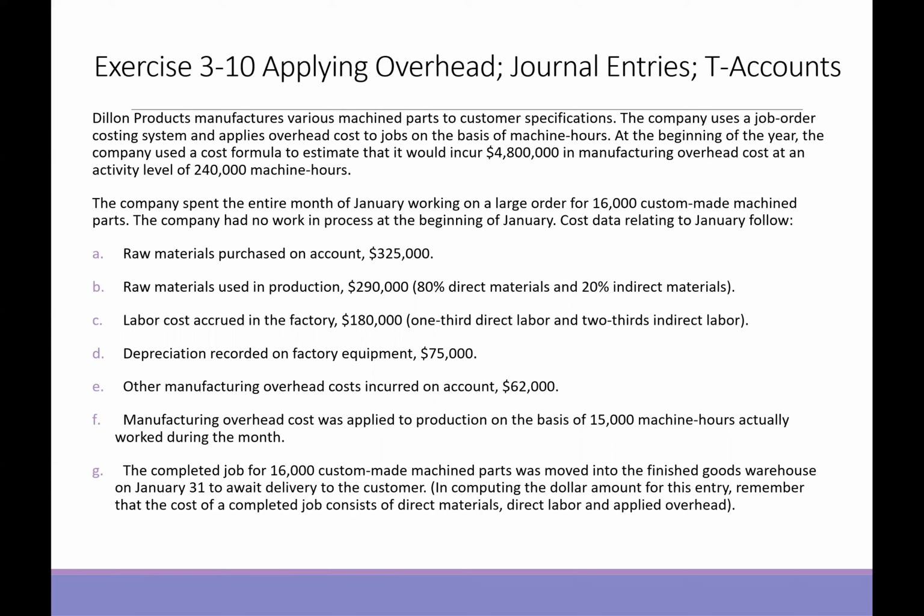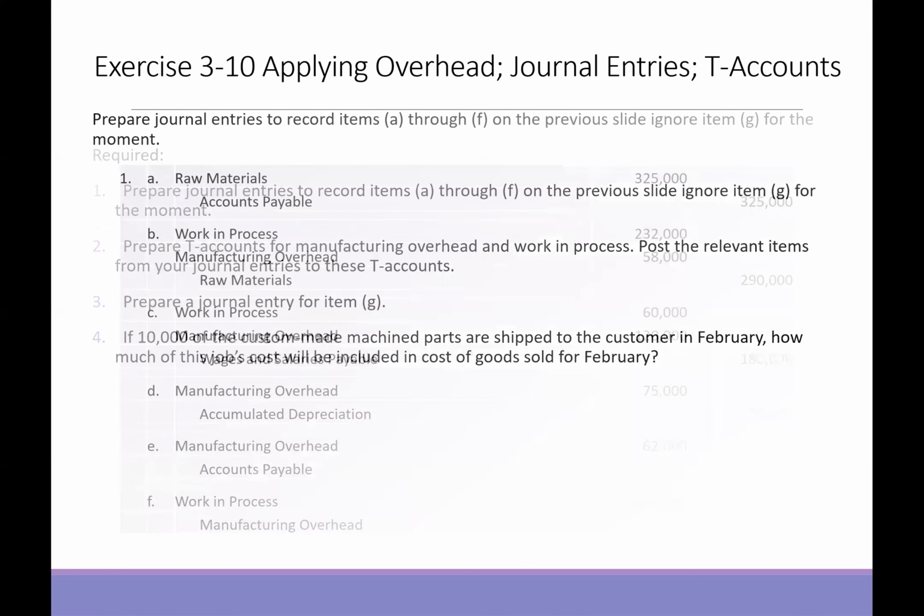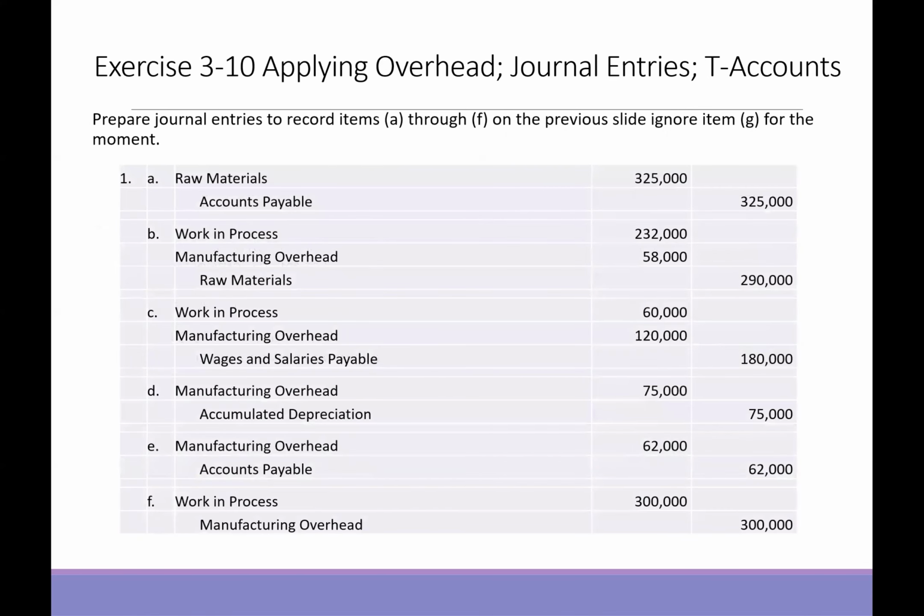we know how we would determine our predetermined rate: our $4,800,000 of estimated manufacturing costs, divide that by 240,000 machine hours, gives us, is it $20 an hour? Take that by our 15,000 machine hours is how we come up with our work in process. Debit of 300,000.